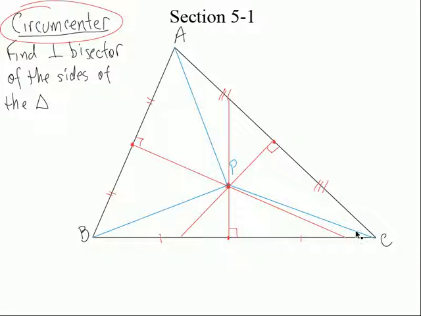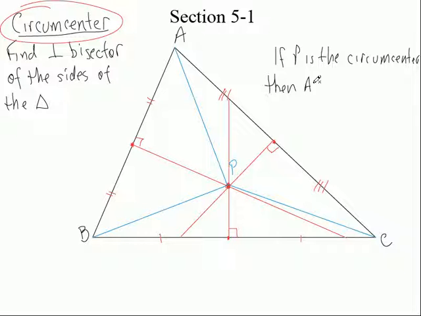That one's not quite hitting that vertex. That bugs me just a little bit. There we go. That's a little bit better. Okay? You understand that? So, let's write it like this. If P is the circumcenter, then what must be true?